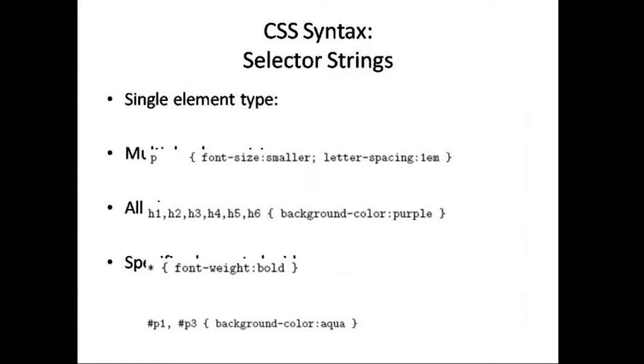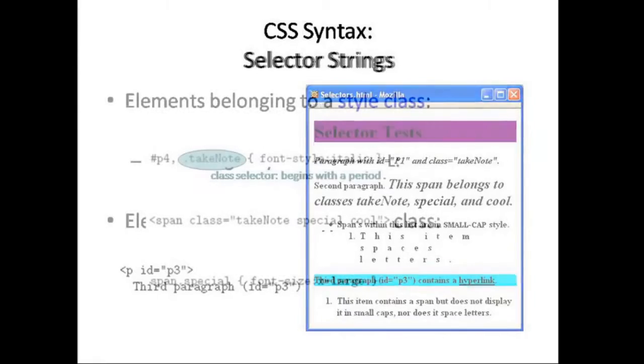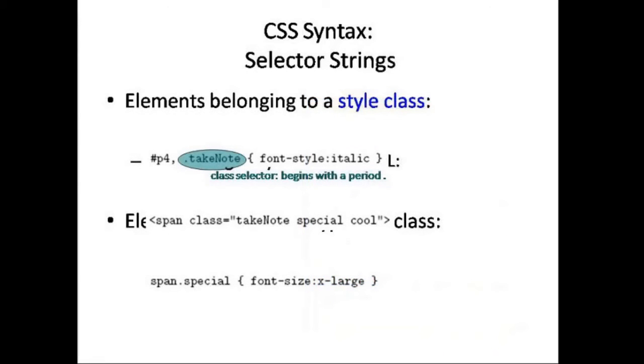And in the previous slide I showed you that p1 and p3 will hold the background color aqua. So is the case with span also. Here we have specified a class for it, dot special. In the special case it will be font size x-large.